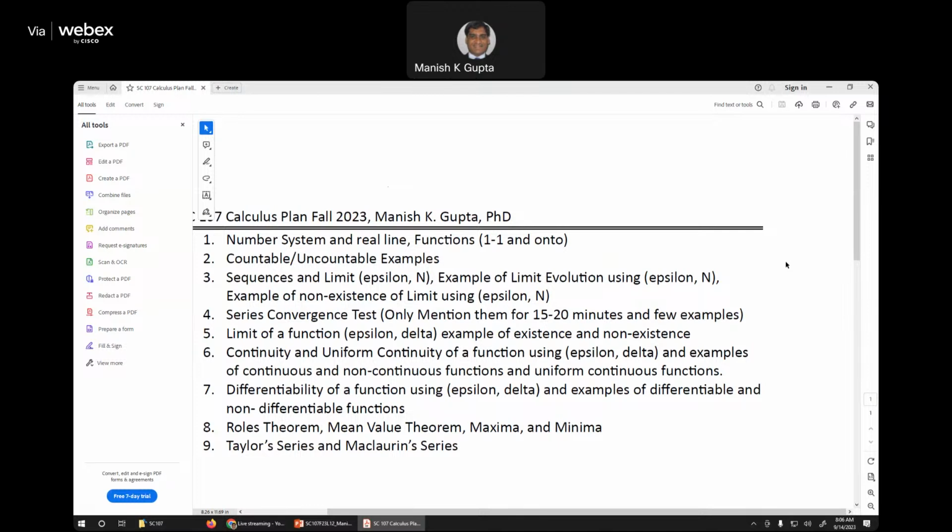So if somebody asks you to show that this limit is this value using epsilon N, what you need to do is write down the definition first. Maybe I'll write it again for you.